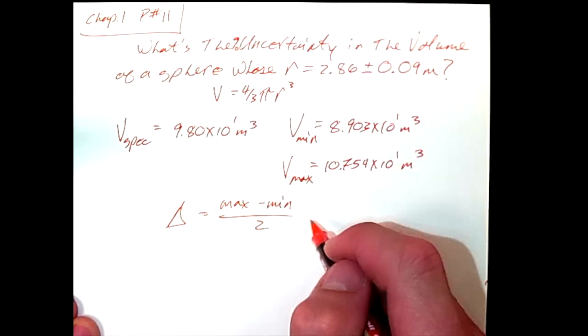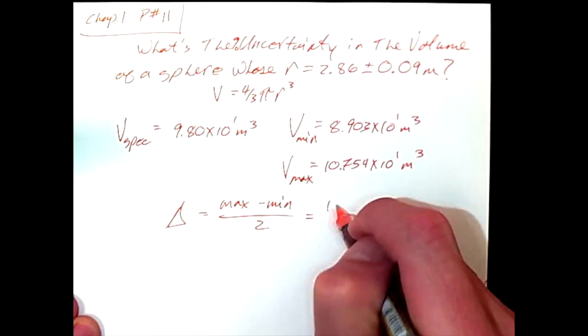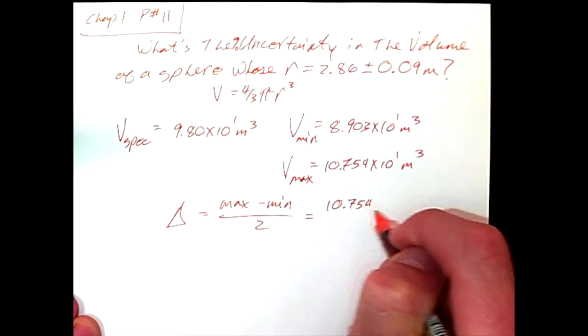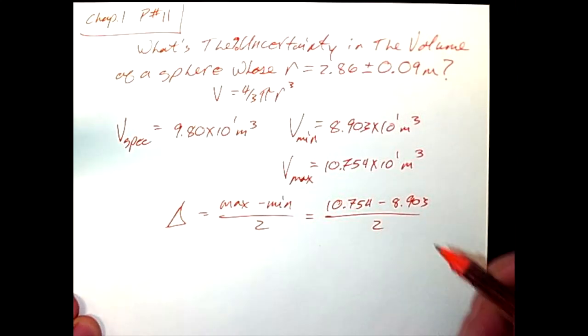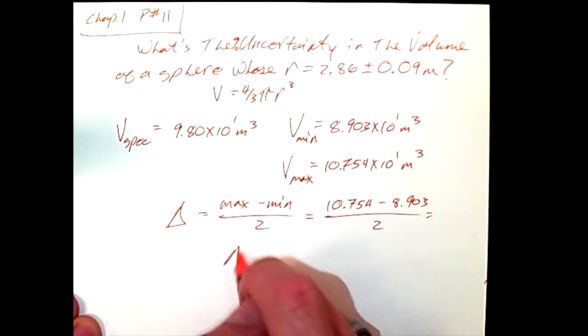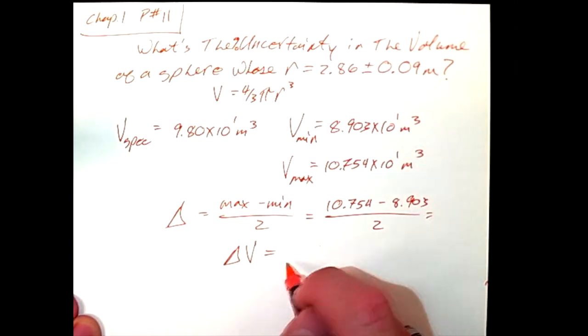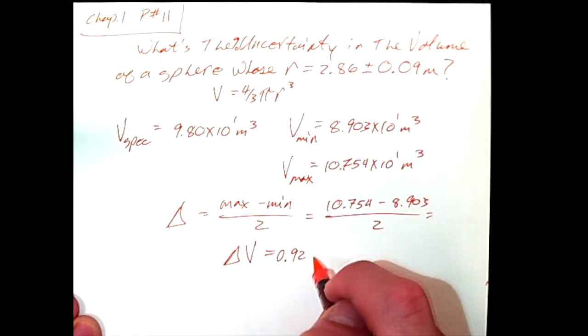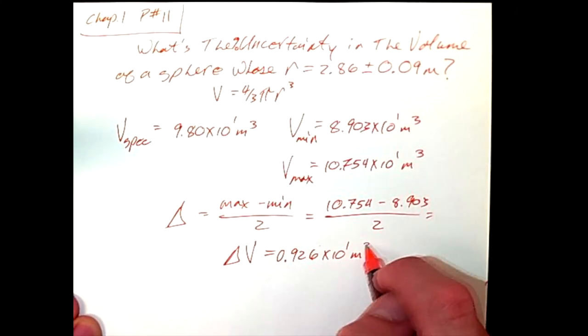And so if I take that, I get a value of 10.754 minus 8.903 divided by 2 gives me approximately delta volume in this case as 0.926 times 10 to the first meters cubed.